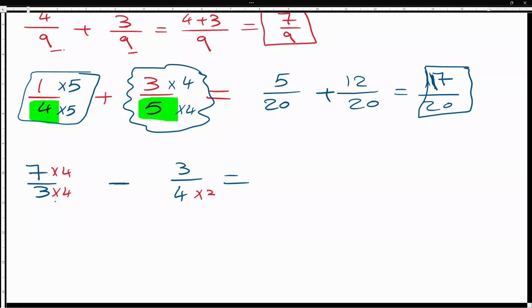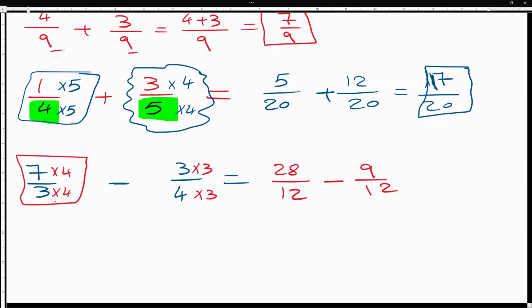And I'll multiply this by 3 and this by 3. So from here, I've created a new question. 7 times 4, this is 28 out of 12, minus 3 times 3, which is 9 out of 12. And this is equal, I'll leave the 12 as it is. 28 minus 9 is 19. So 19 out of 12.